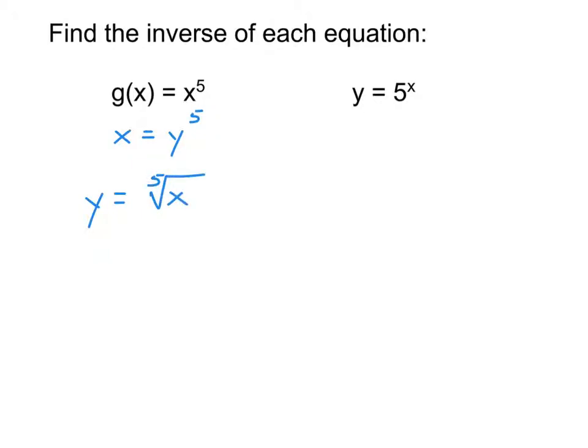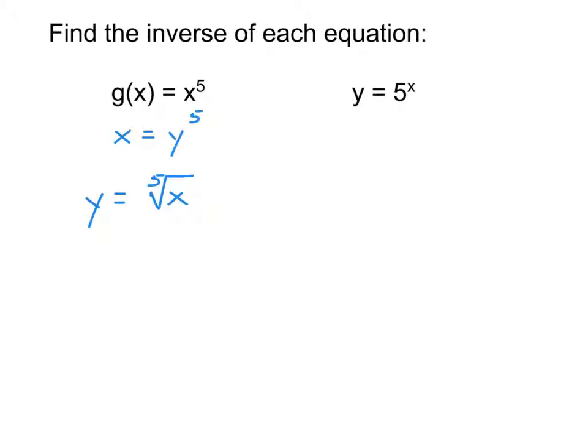Now, we get to be a little detail-y here. Do we need to include the plus or minus out front of this? The answer here is no. But this is just being a little detail-y here. Why do we not need to? Because the exponent is odd. A negative number to an odd exponent will always give us a negative. It's not like the even one where it turns a negative into positive.